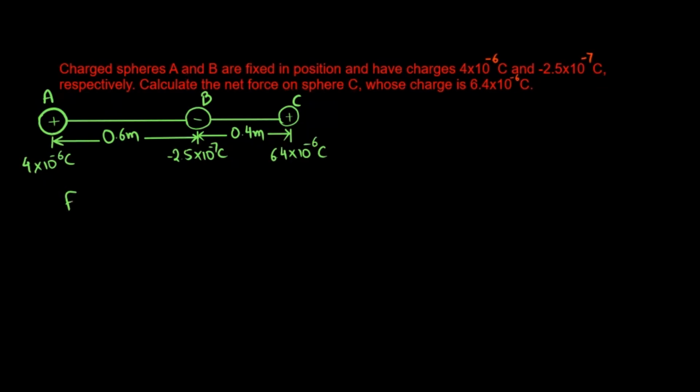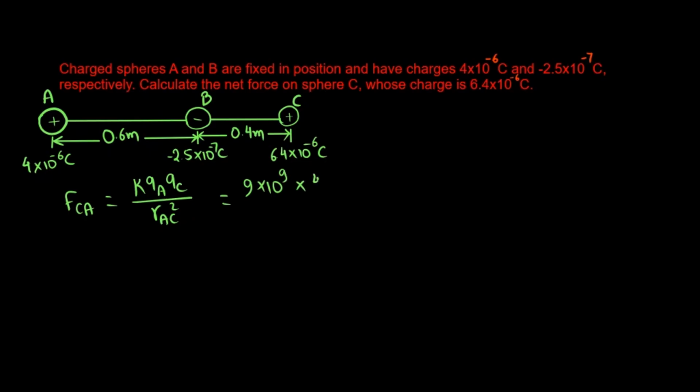Force on C because of A would be K times Q of A, Q of C. We take both the charges divided by the distance between A and C squared. That would be 9 times 10 raised to 9 times QA.